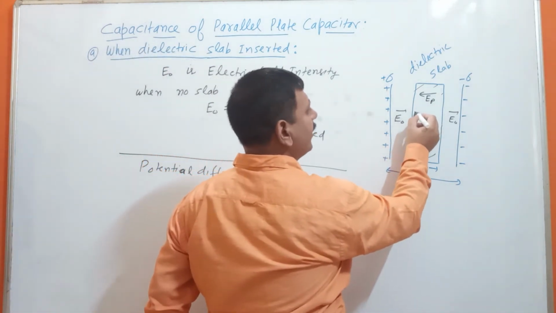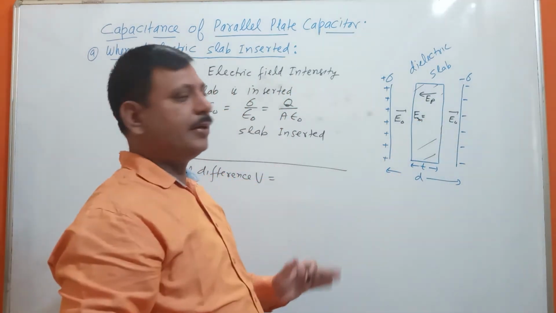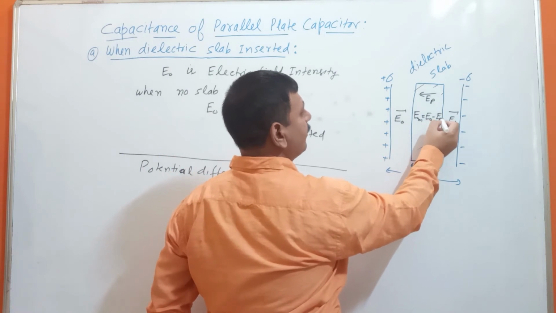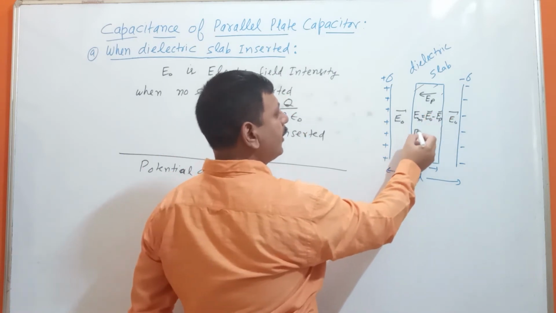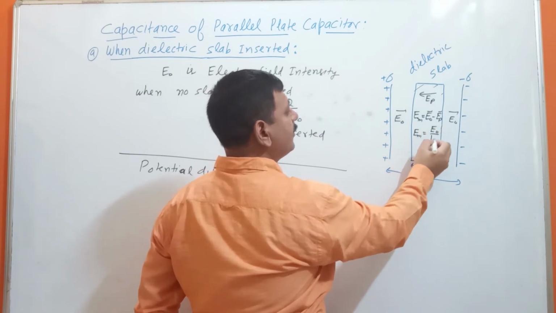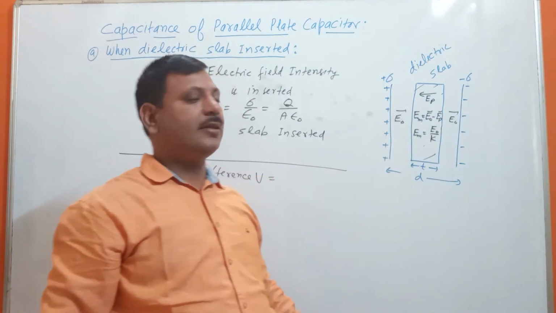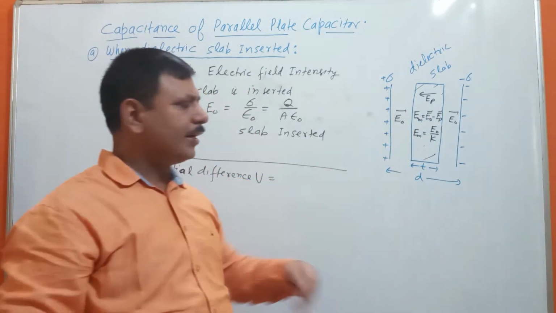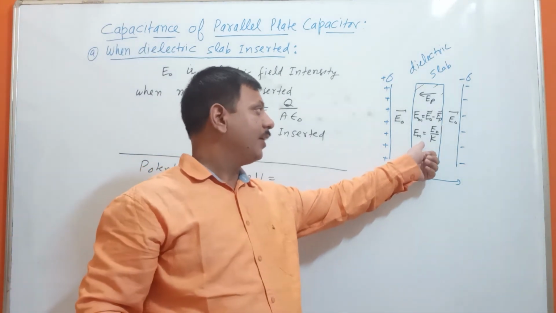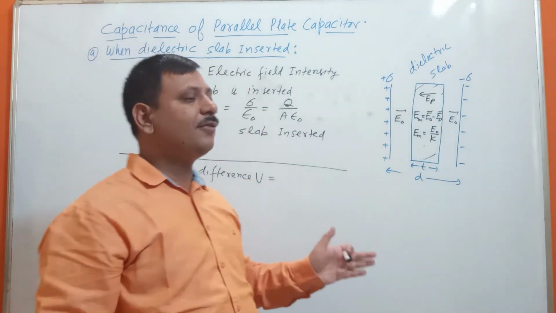That's why E net in the dielectric medium is equal to E naught minus E P, and I have also told you this is 1 upon K times the net electric field outside the dielectric slab.